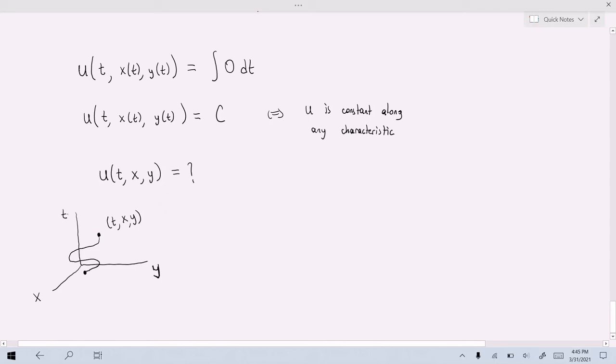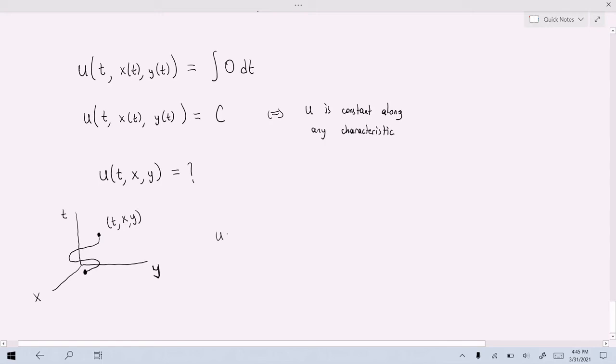And when t is equal to 0, so when we're in the xy plane, this would have been the initial point of the characteristic, okay? Now, we are saying that u is constant along a characteristic.